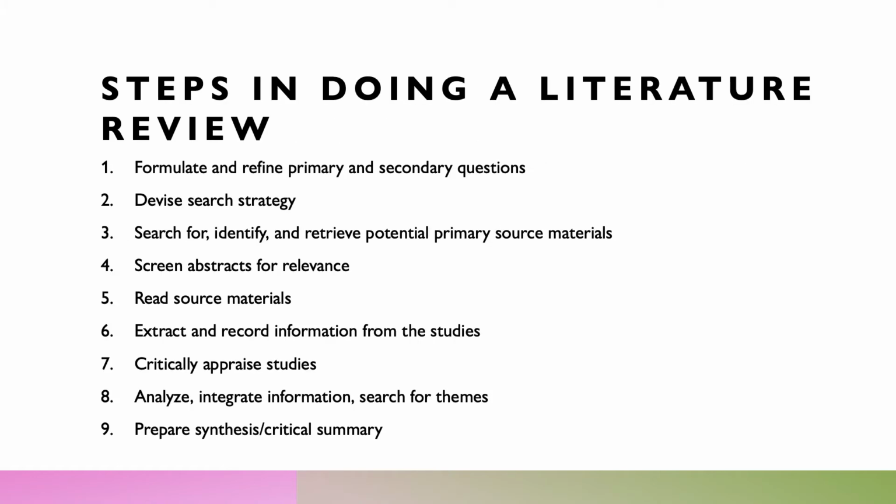Let's go through the steps in doing a literature review. First, you want to formulate and refine primary and secondary questions. What is it that you want to know? Do you have any sub-questions that will help you with your question? And then you want to define a search strategy.